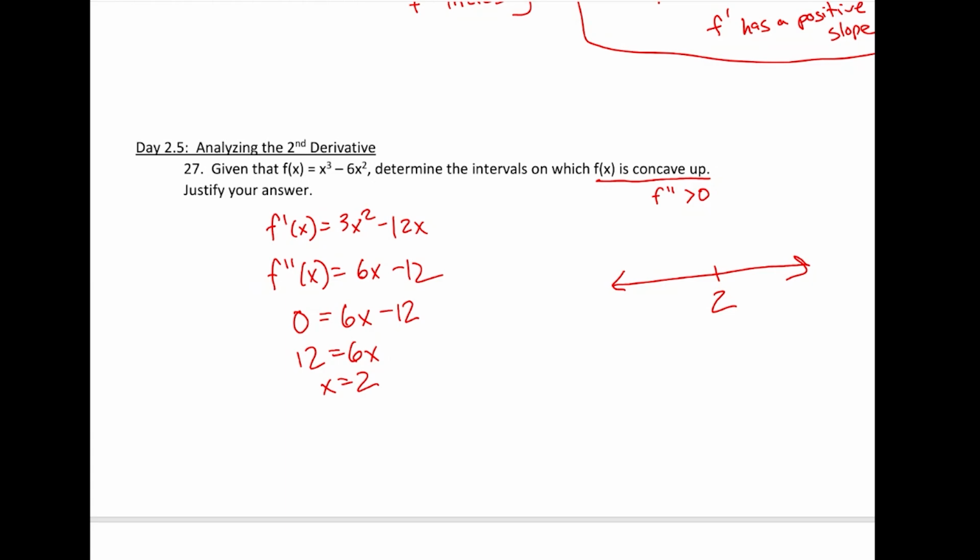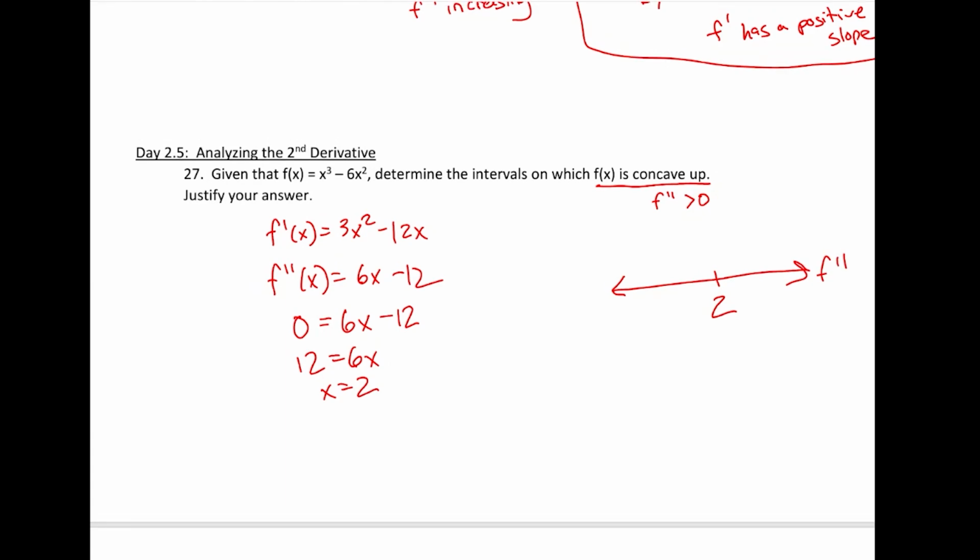And what we're looking for here is where f double prime is positive. So we can go back to where we found the function rule for f double prime and just substitute in any representatives from either of these two intervals. So if I want to find the sign of f double prime on this first interval, I'm going to plug in a number like 0, and 6 times 0 minus 12 is going to be negative.